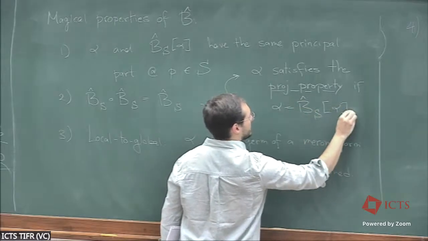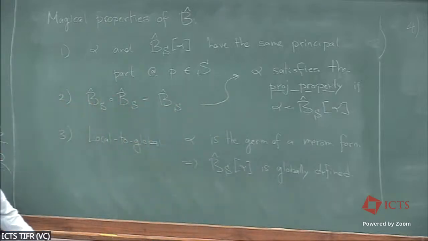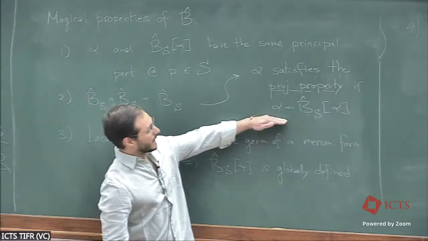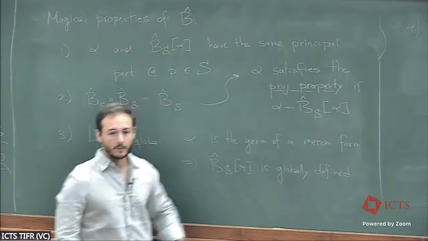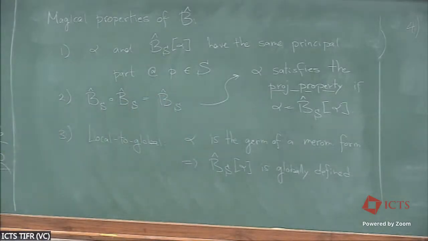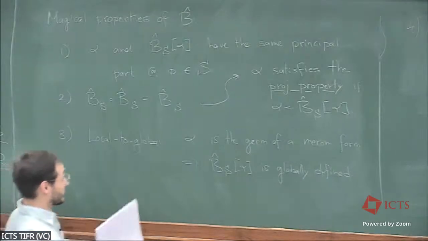Another way of saying this is that alpha lies in the image of B hat. Whenever this happens, I will say that alpha satisfies the projection property.